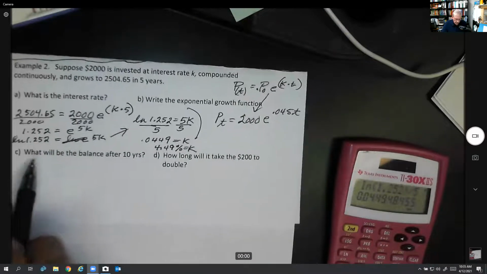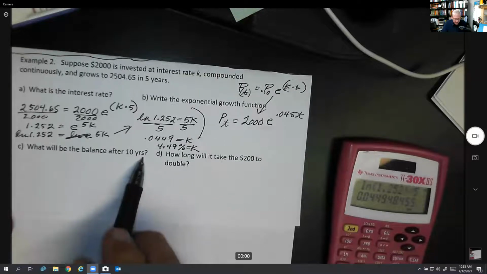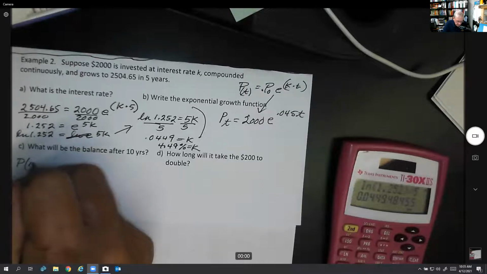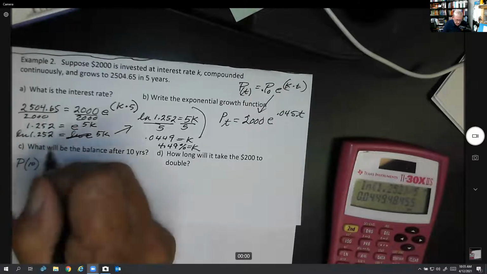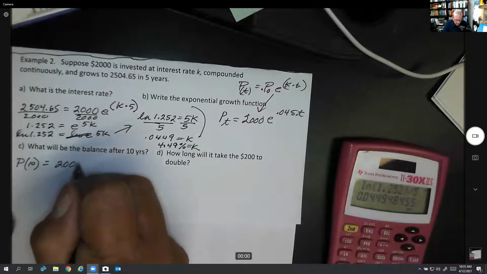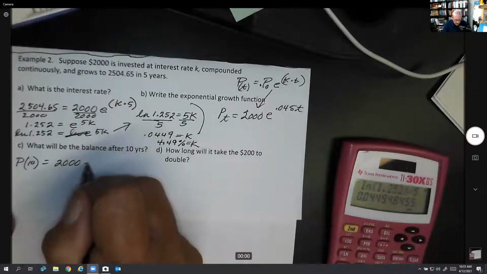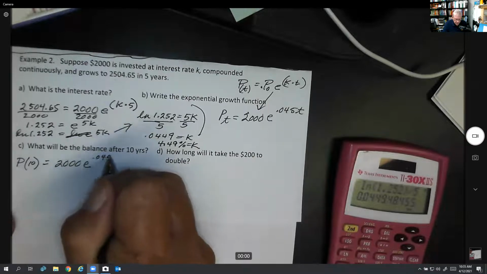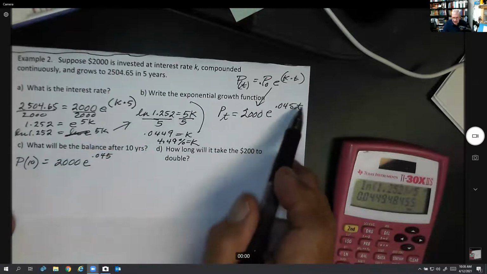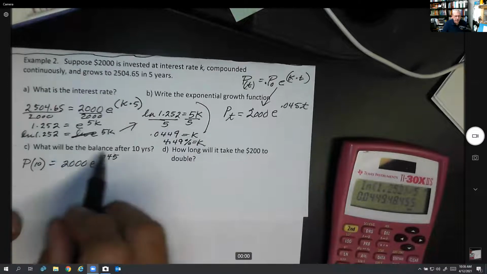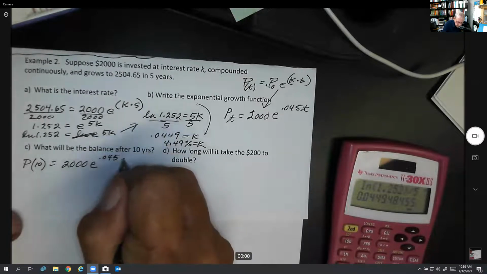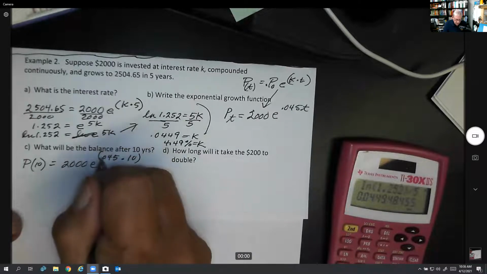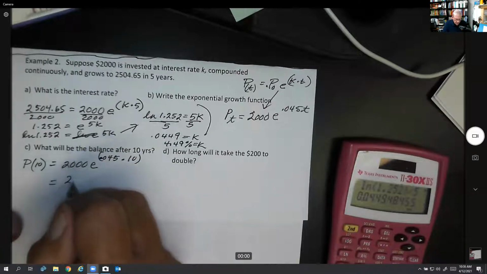Like this next problem, it says, what would be the balance after 10 years? So after 10 years, it's going to be 2000, writing this formula down, e to the 0.045, but now we're replacing t with 10 years, times 10.